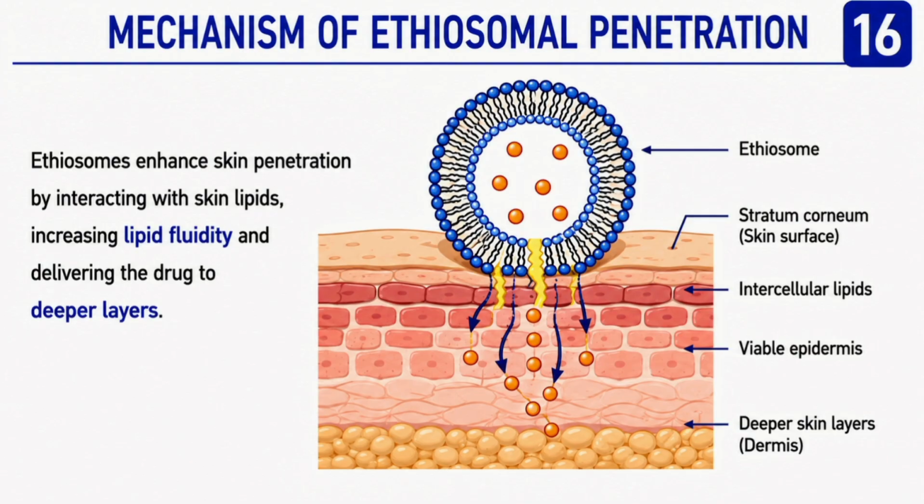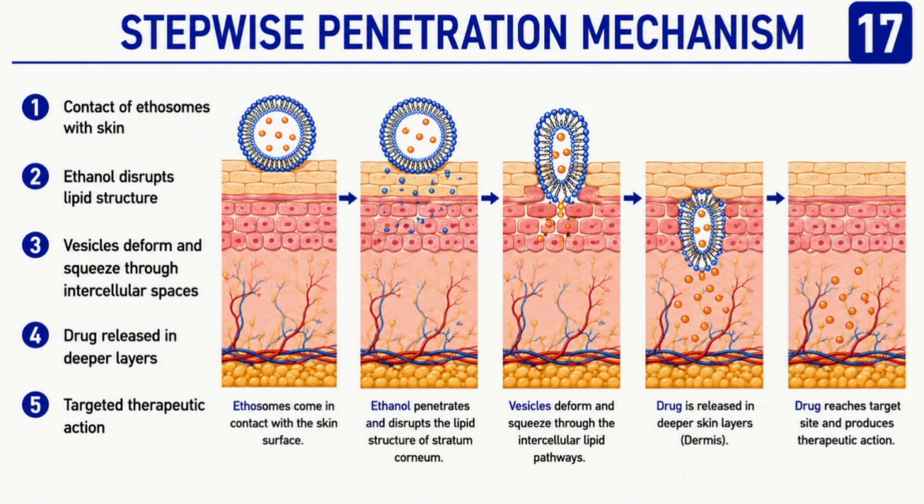Okay, so stepwise mechanism. So let us describe the process step by step here. So initially the ethosomal formulation is applied to the skin. So as the ethanol interacts with the stratum corneum, the ordered lipid structure becomes more fluid here. So at the same time, the ethanol containing vesicles possess increased flexibility here. So the vesicles approach and interact with the altered skin barrier.